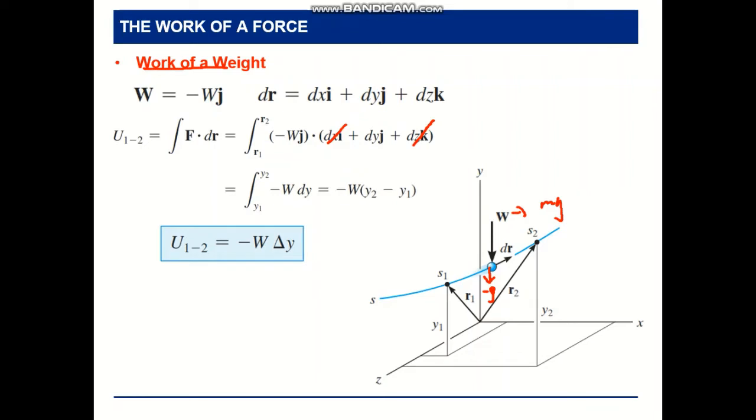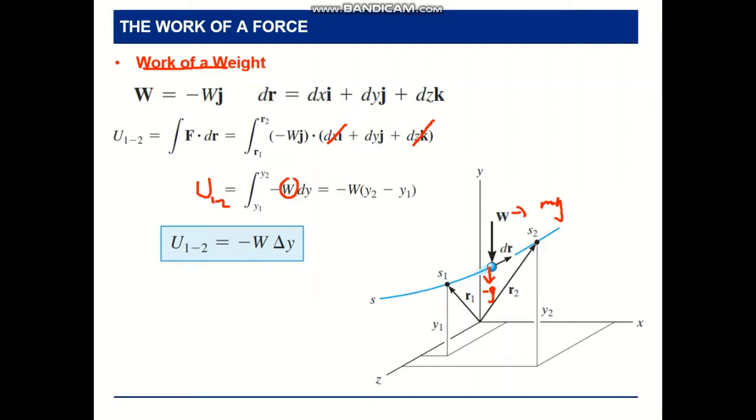Of course, w is mg, and both are constant. So minus mg times (y2 minus y1) gives us the energy from point 1 to point 2.